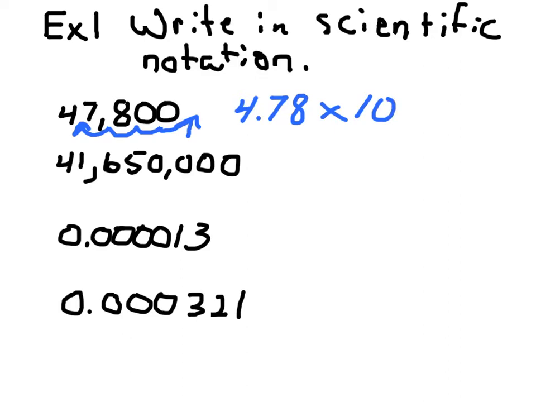Well, how many times did I move that decimal point from the right? 1, 2, 3, 4 times. So in scientific notation, this number is 4.78 times 10 to the fourth. And again, I was able to leave the zeros off at the end, since 4.7800 is the same thing as 4.78. And this would be a number in scientific notation.